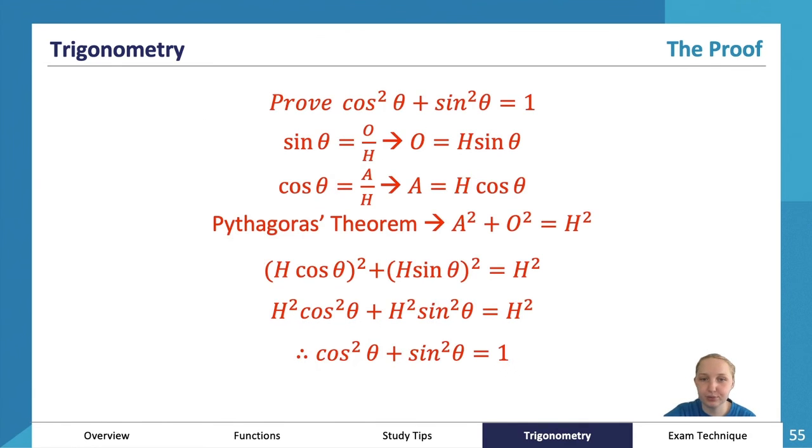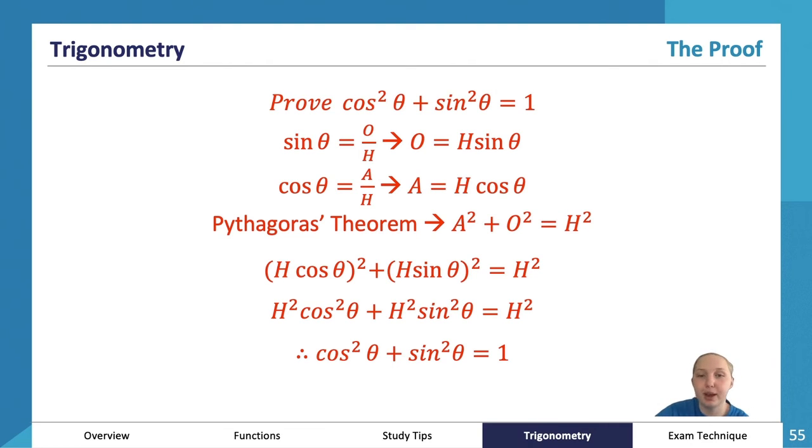So to prove it, our sine theta is equal to the opposite over the hypotenuse. So if we rearrange that, we can say our opposite side is equal to the hypotenuse times sine theta. Then if we've got cos theta, we're going to have the adjacent over the hypotenuse. So we can therefore say that the adjacent is equal to h cos theta, so the hypotenuse times cos theta.